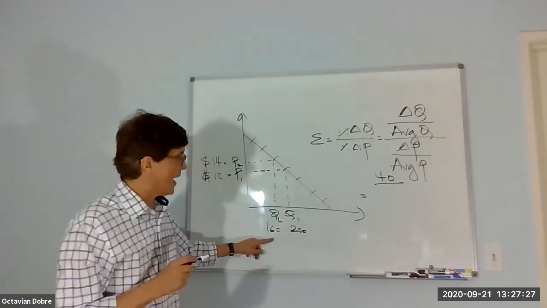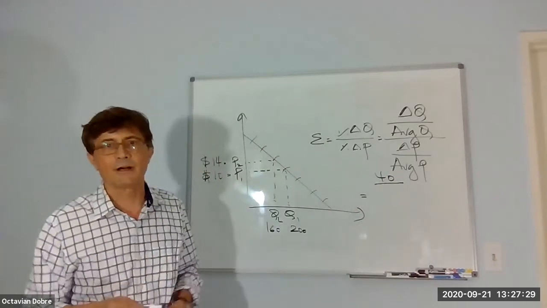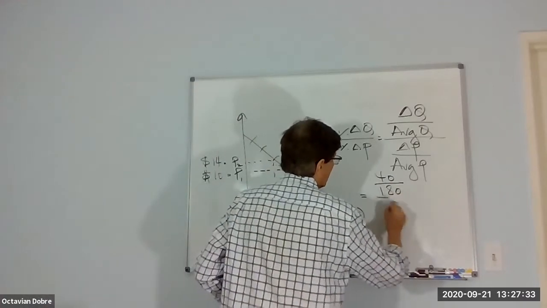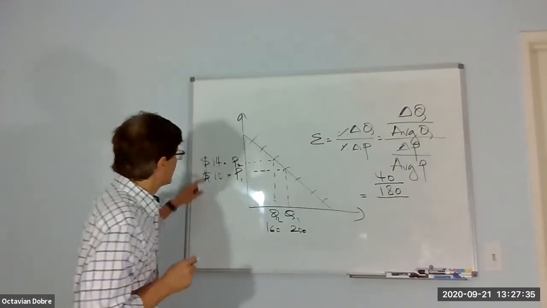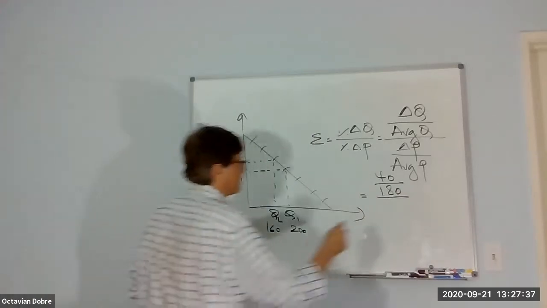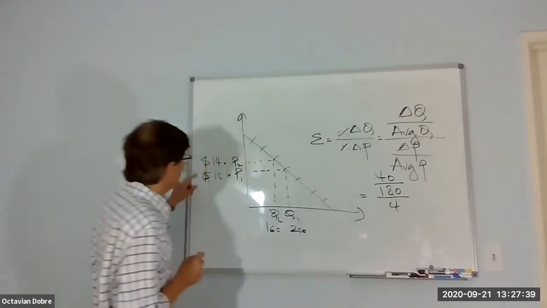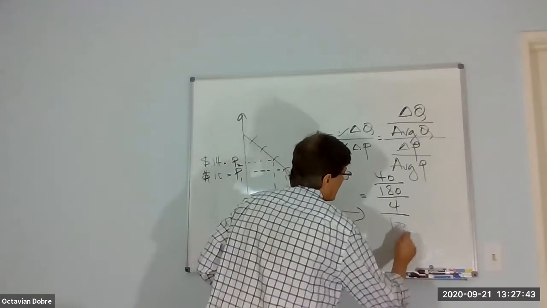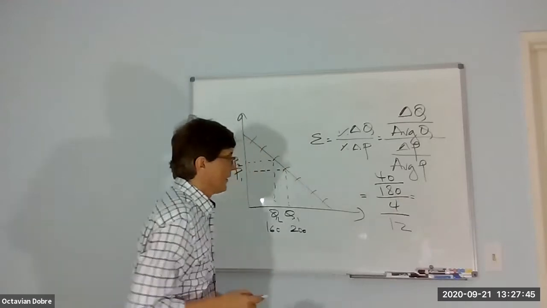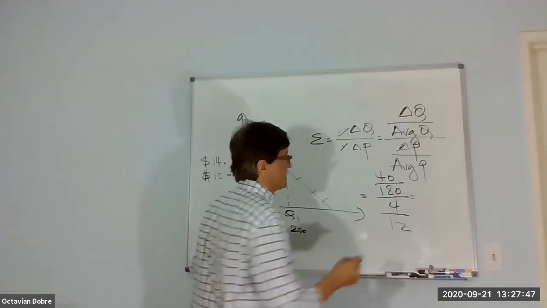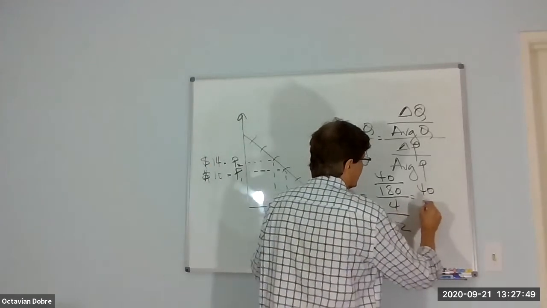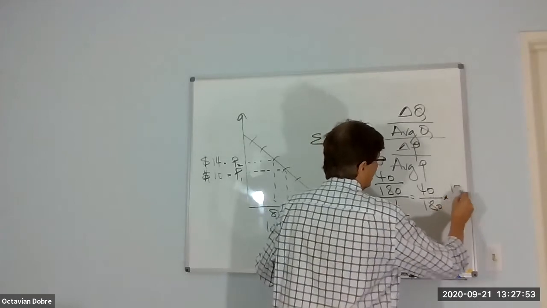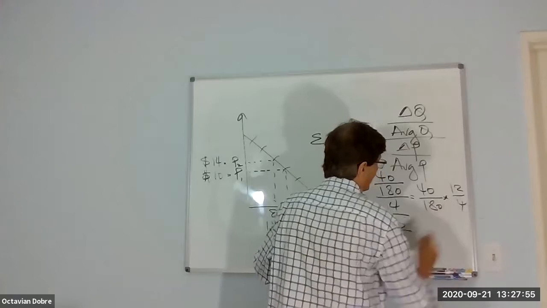The average of 160 and 200 is 180. The change in P is 4. And the average of 10 and 14 is 12. So we can rewrite this as 40 divided by 180, times 12 divided by 4.